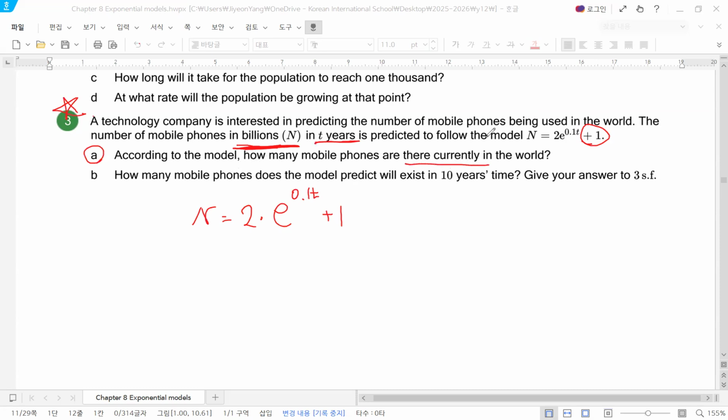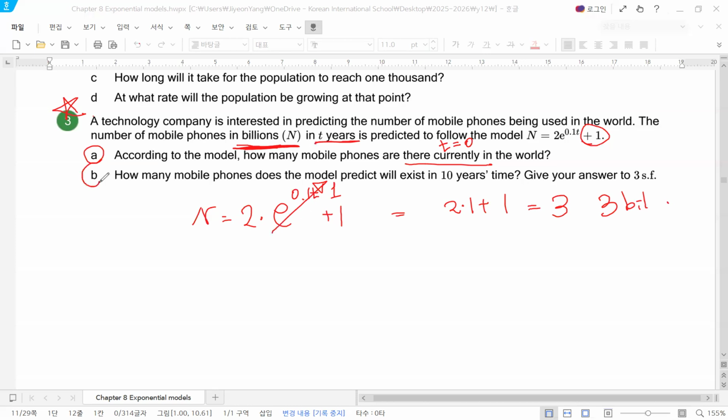Currently means initial number, which means t equals 0. Then this number is going to be 1 in this case. Therefore 2 times 1 plus 1 equals 3. So the answer should be 3 billion. Okay? 3 billion.